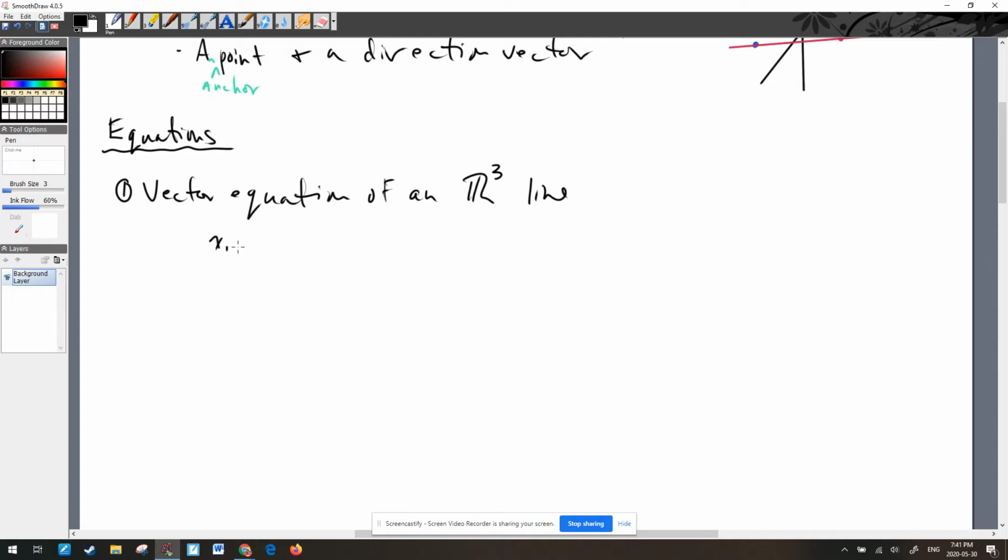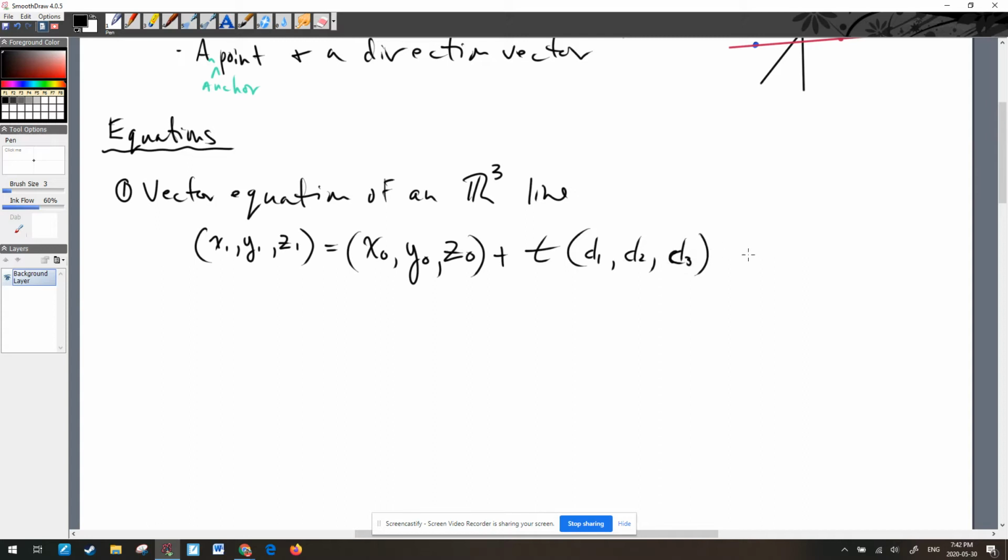So it's going to be x, y, z is equal to x naught, y naught, z naught, plus t times d1, d2, d3, where t is a member of the reals. And so what we've got here is, again, I'm going to call this our anchor point, but we talked about the idea that, strictly speaking, it's not an anchor point.